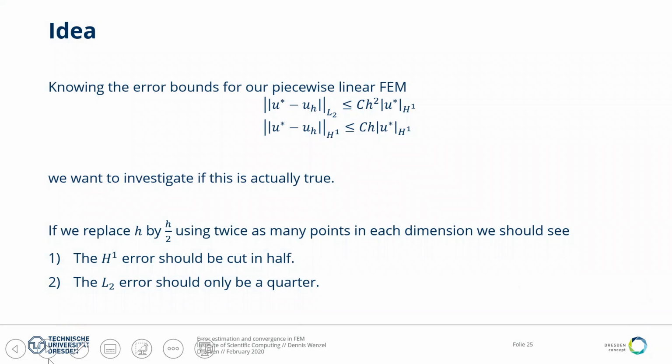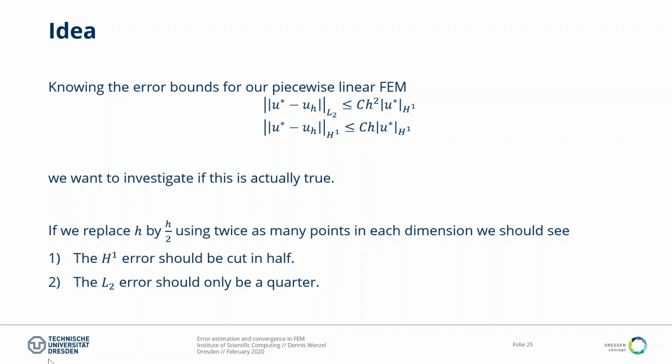The idea is we want to verify our theoretically known error bounds, and we have those two different error bounds here. They mean that if I replace my step size h by half the step size, by simply using twice as many points in each dimension, I should see the error in H1 to be cut in half and the L2 error cut to a quarter.